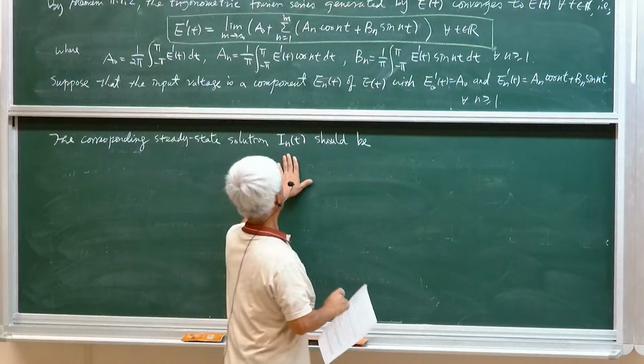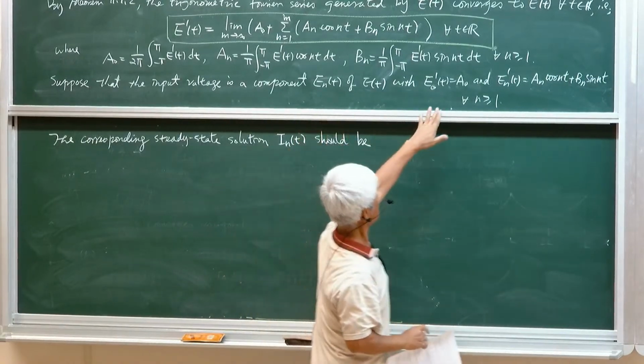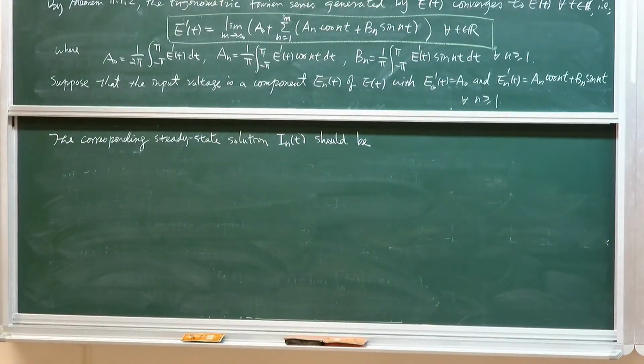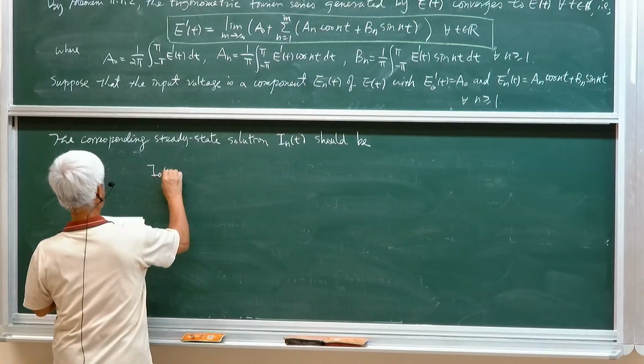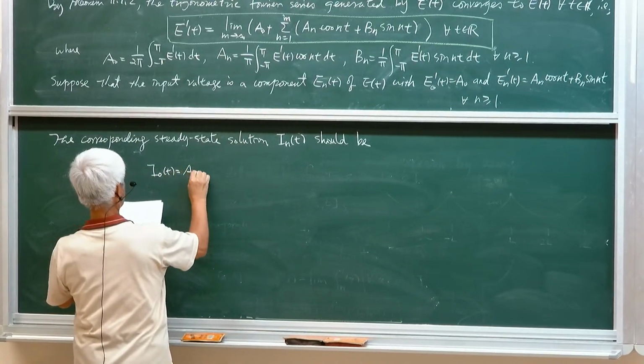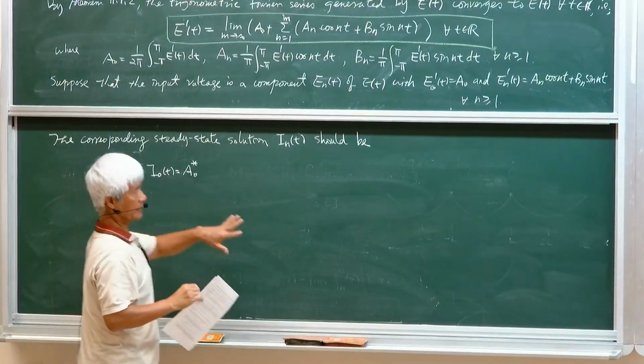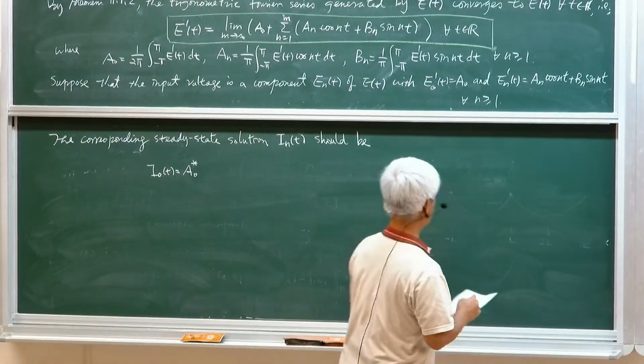When E prime is a constant, a particular solution is also a constant, because when I of t is a constant, the first and second derivatives are all zeros. So we can equate them. So I0 of t is also a constant, because this corresponds to zero angular frequency.